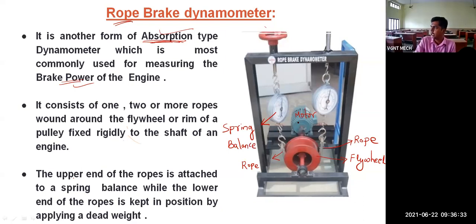I will tell you which diagram you have to draw. The upper end of this rope is connected with the spring balance, while the lower end of the rope is kept in position by applying dead weight. So we can assume it has a dead weight. The lower end is connected with this dead weight, and the upper end is connected with the spring balance.